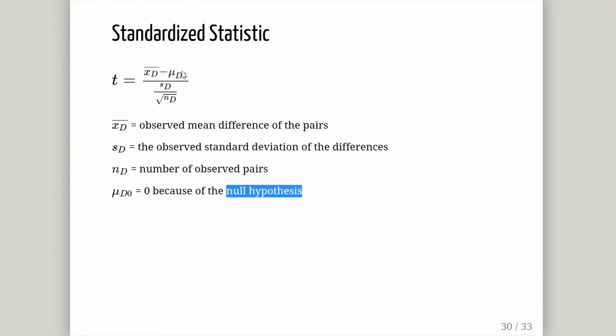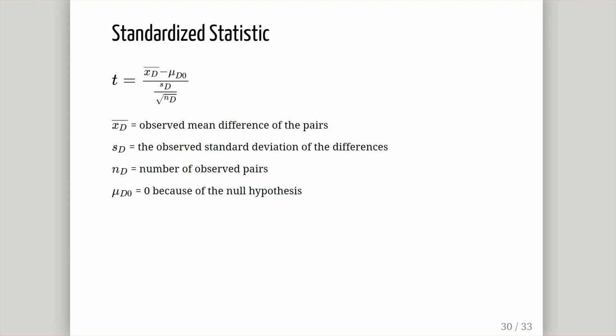Put 0 up on the top right. And then your standard error is a sample standard deviation divided by the square root of the sample size. Sample size is the number of observed pairs in your data, and then the sample standard deviation will be given to you in the question. Those are all the pieces you need to find the standardized statistic.